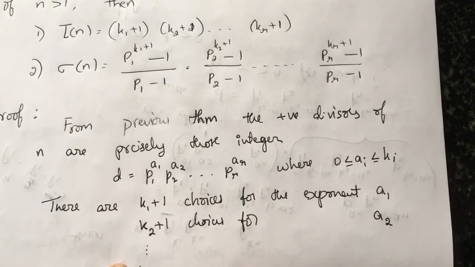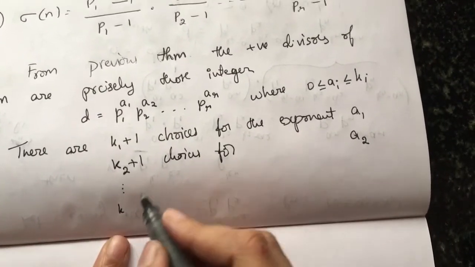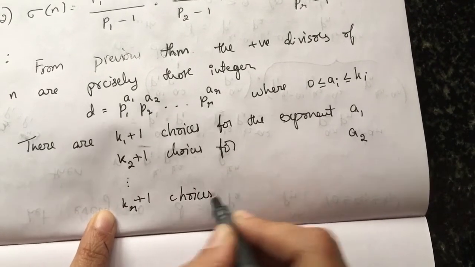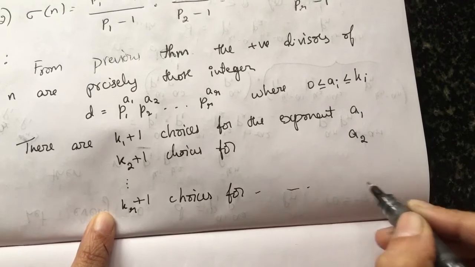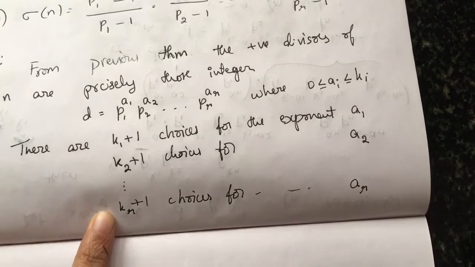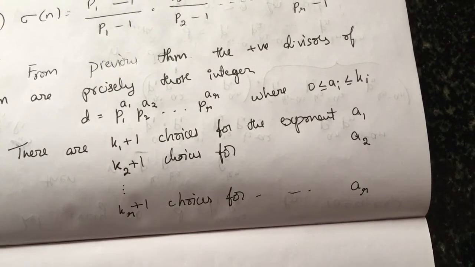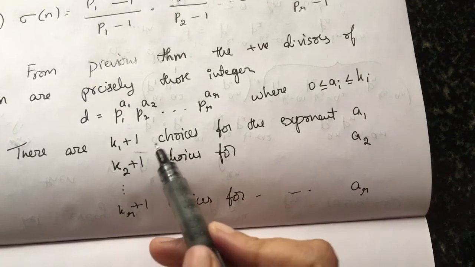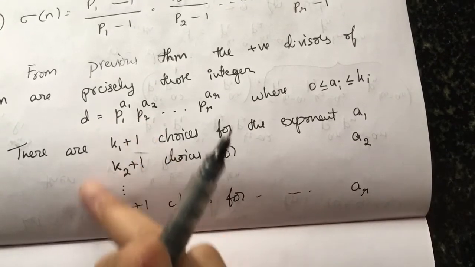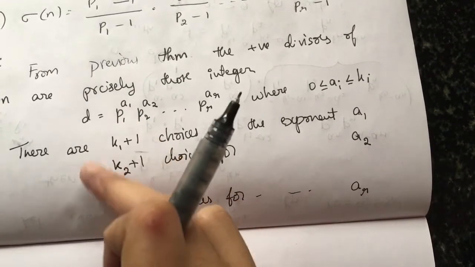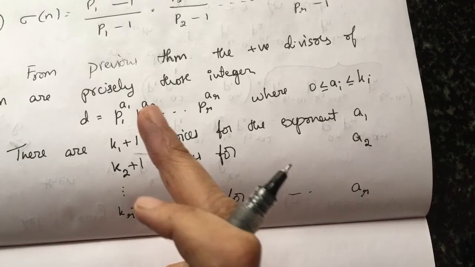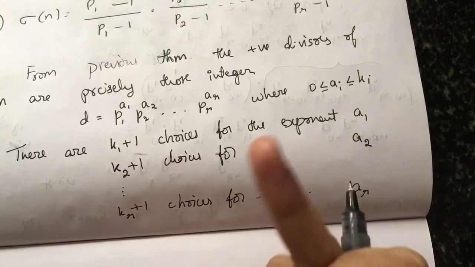Similarly, kr plus 1 choices for the exponent ar. Therefore, we can write k1 plus 1 into k2 plus 1, these many products, product of these many possible divisors. Okay, in the sense these are the possible divisors.